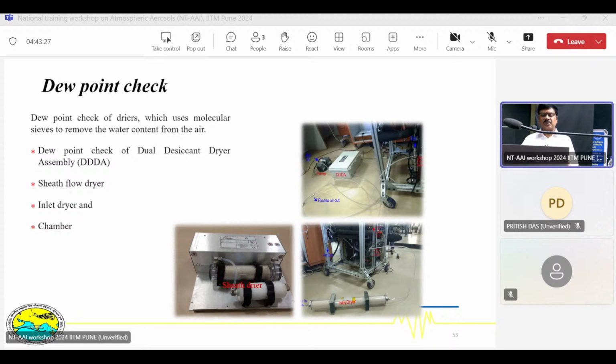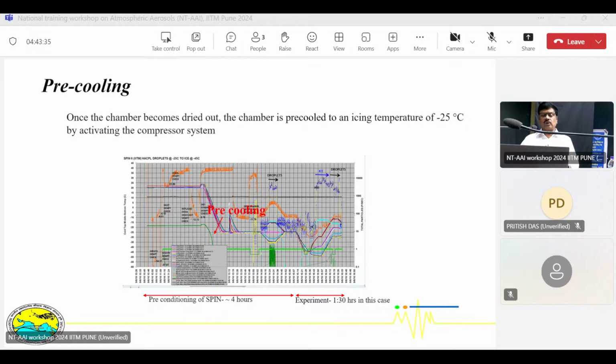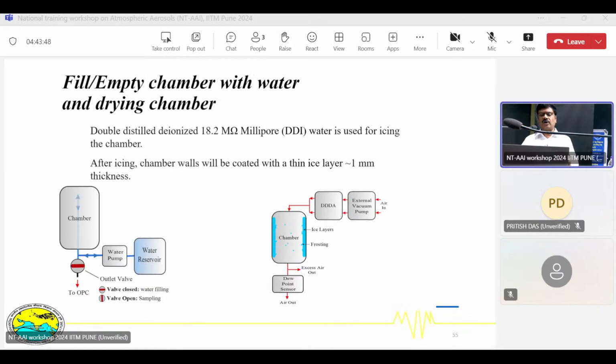Before conducting the experiment, we need to check the dew point of the entire chamber. Then you pre-cool the chamber, allow the water to pass through, and then you have a supersaturation. So a thin sheet of ice will form across the walls.